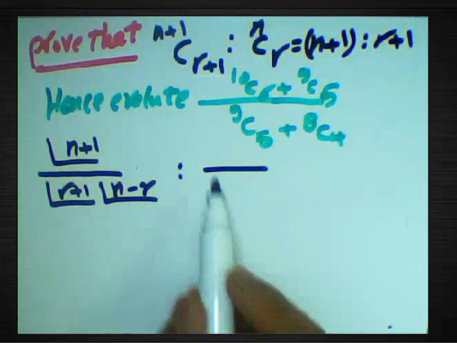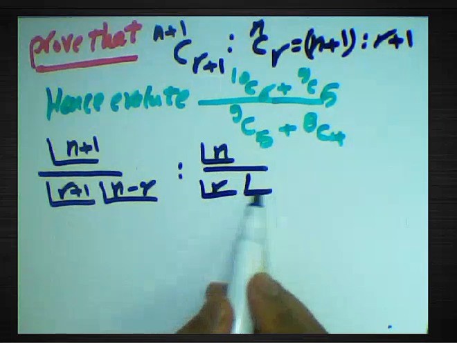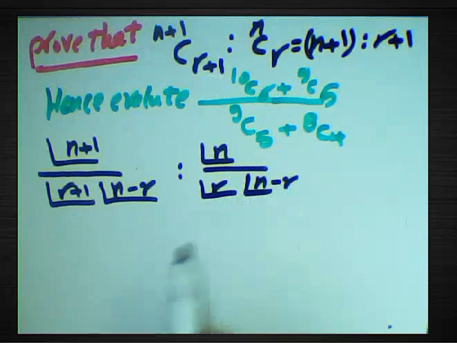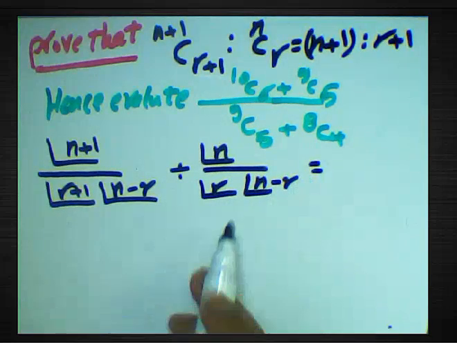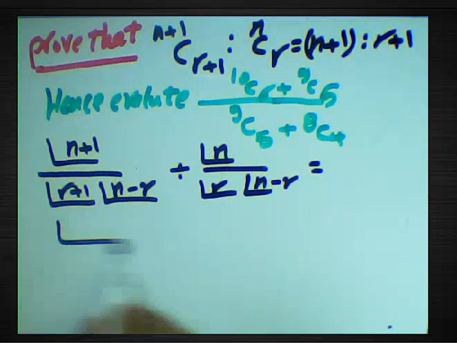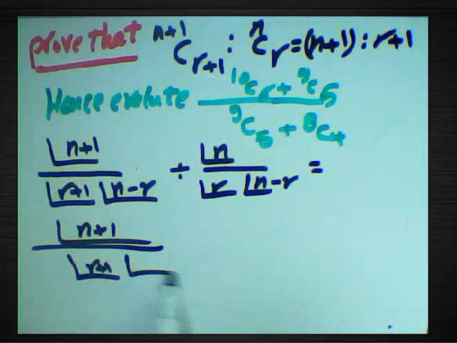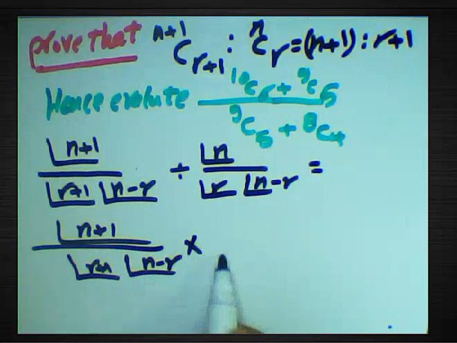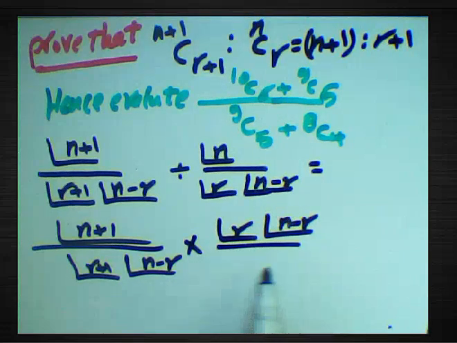In n combination r, it means factorial of the top and of r, with the difference between them n minus r. It's divided, so you can convert from division to multiplication and write the inverse of the second fraction. Factorial (n plus 1) over factorial (r plus 1), multiplied by factorial (n minus r), multiplied by factorial r, multiplied by factorial (n minus r) over factorial n. And we have factorial (n minus 1).